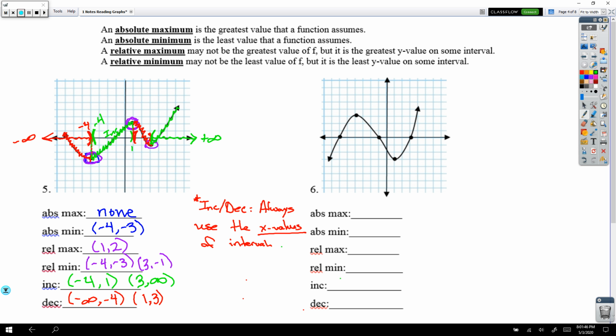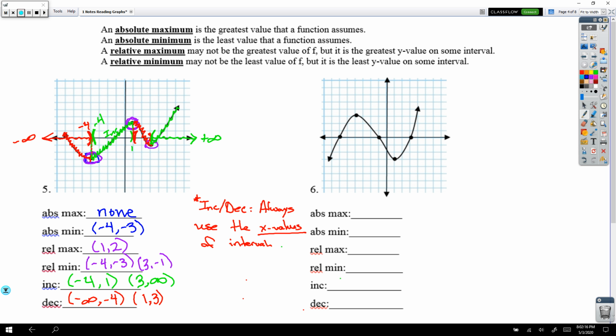Now, a way to check that you have all your increasing and decreasing intervals, you can get from -infinity, so the left side of the graph, to positive infinity, the right side of the graph, without any gaps. So if I look here, I go -infinity to -4, and then -4 to 1, then 1 to 3, and then 3 to infinity. So there's no gaps, I got them all. All right?